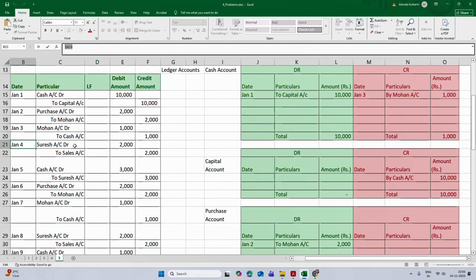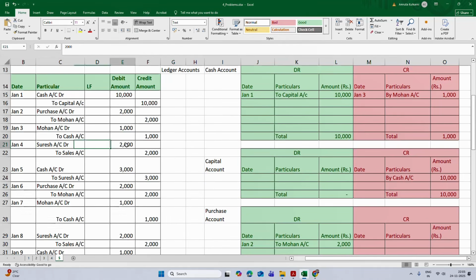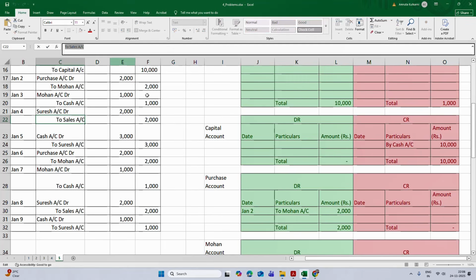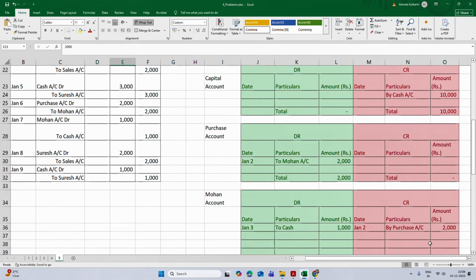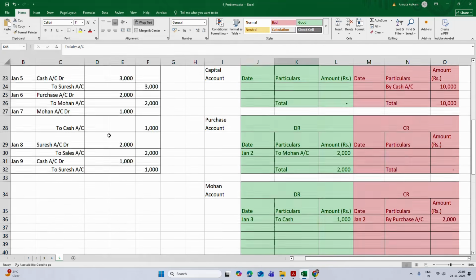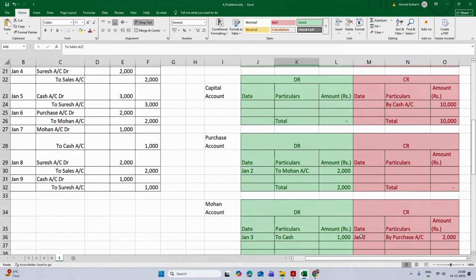Then on Jan 4, Suresh account is debited 2000 rupees to sales account credited 2000 rupees. So on Jan 4, Suresh account is debited to sales account. How much? For 2000.